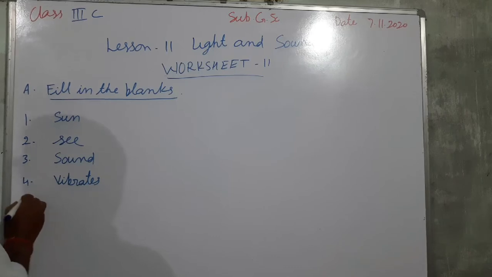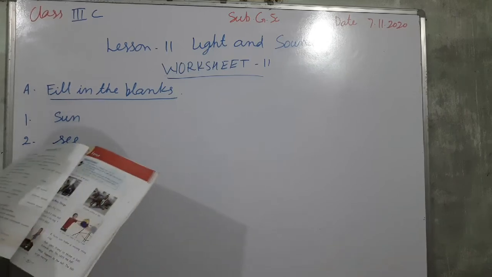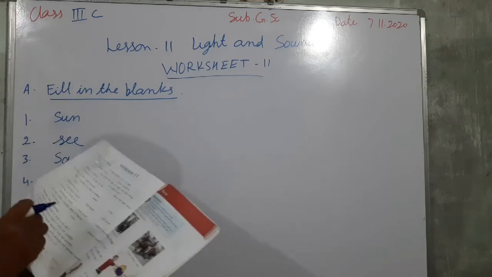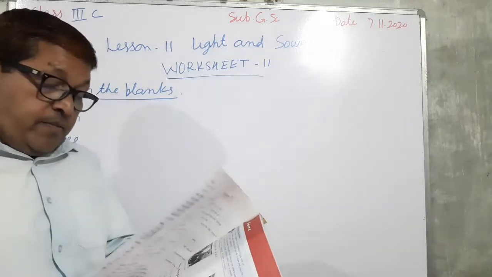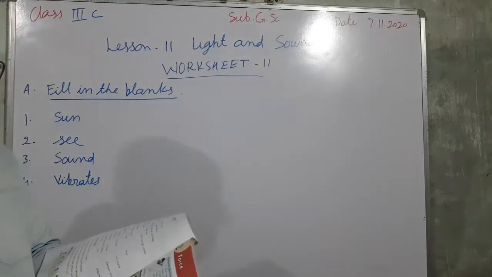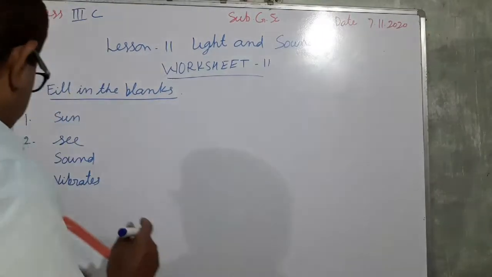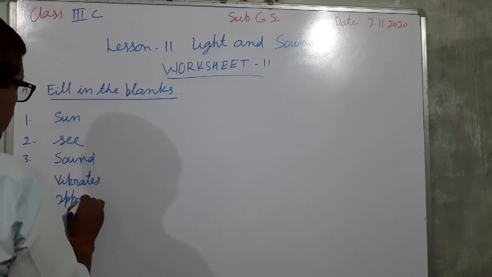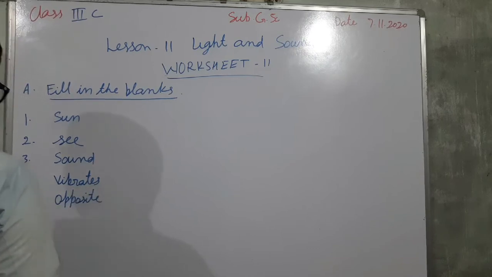And fifth, shadows fall on the opposite side of the light source. A shadow is found on the opposite side of the light source.